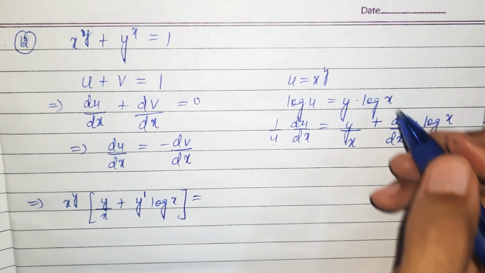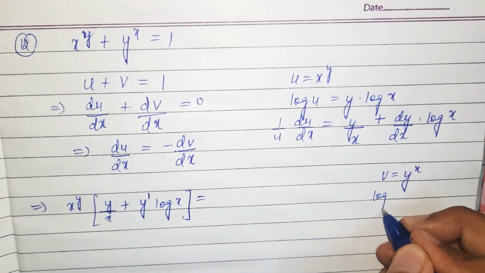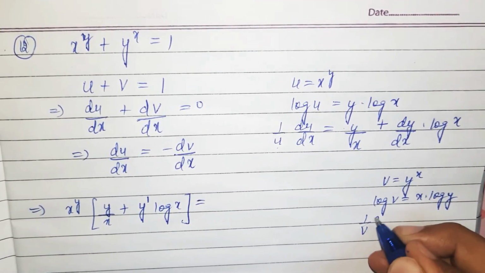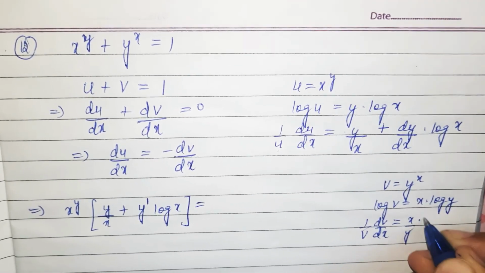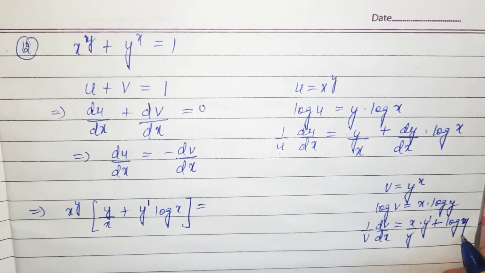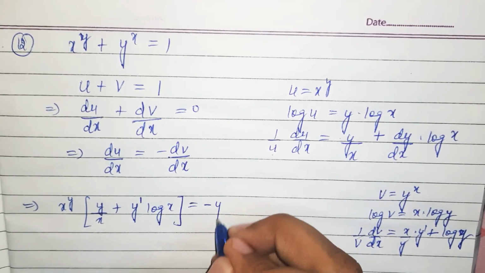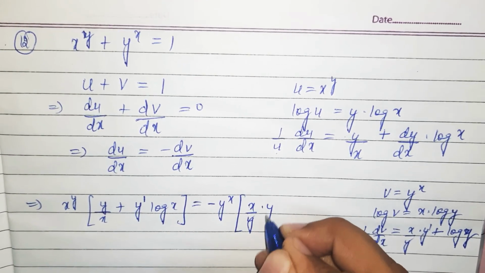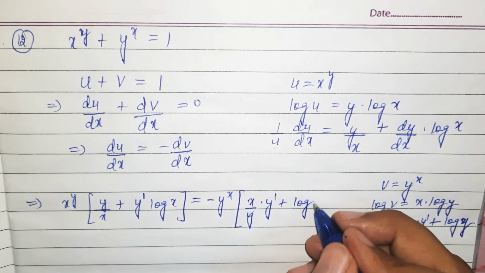Okay, if I talk about v, v is y raised to the power x. Log v equals x log y, 1 upon v dv by dx is x upon y into y dash, plus log y because x is 1. So here, if I want to write minus, v will become y raised to the power x, and this is x upon y into y dash plus log y.